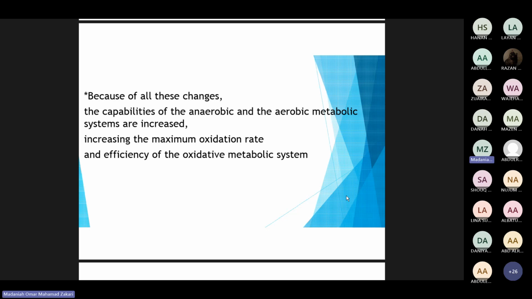increasing the maximum oxidation rate, and the oxidative metabolic system is efficient with lower energy and higher output. With lower energy you can produce a high amount of energy.